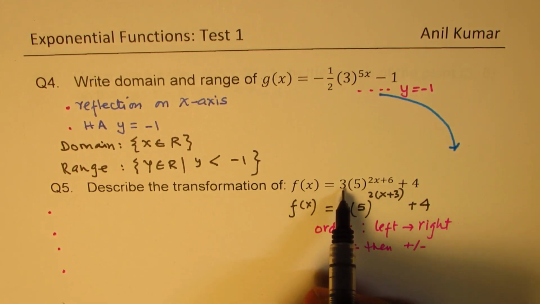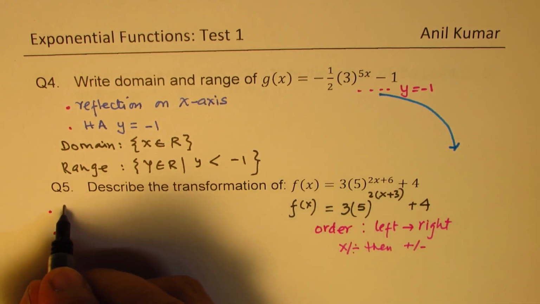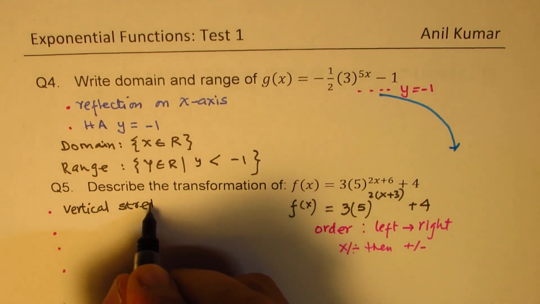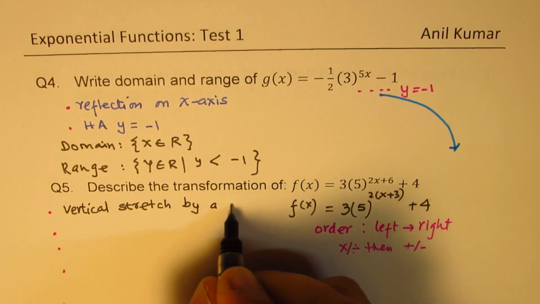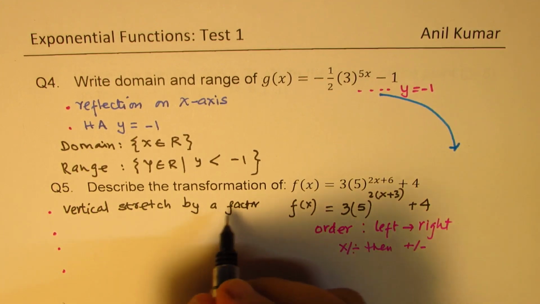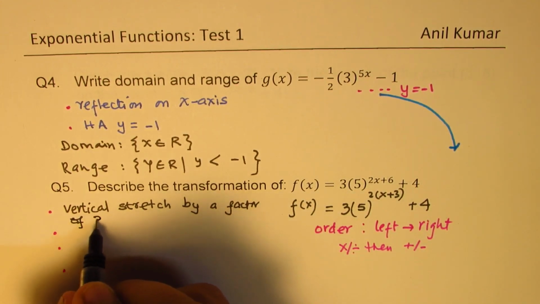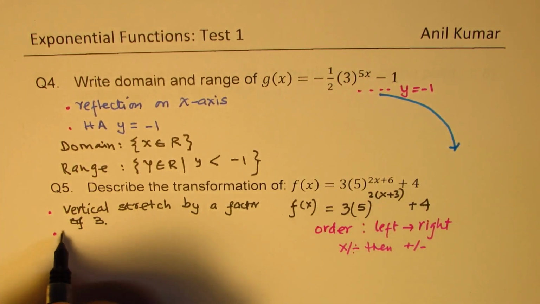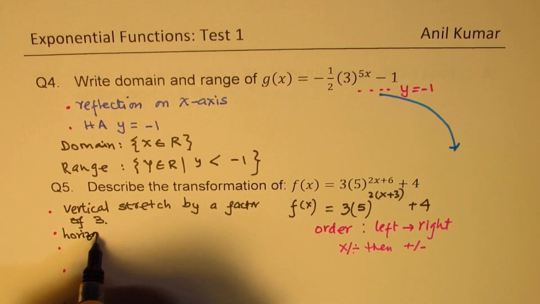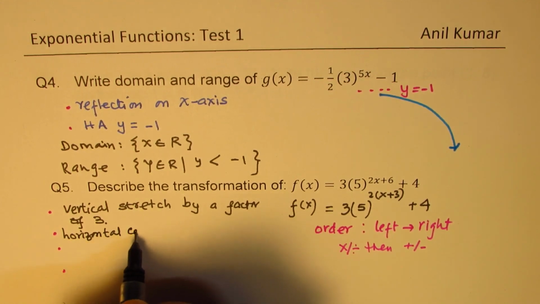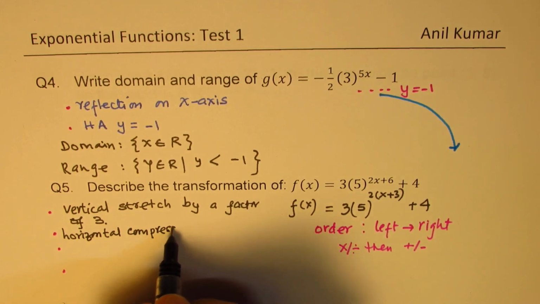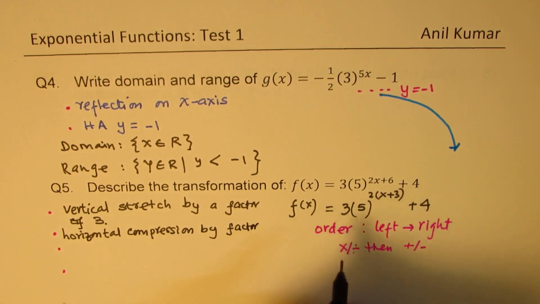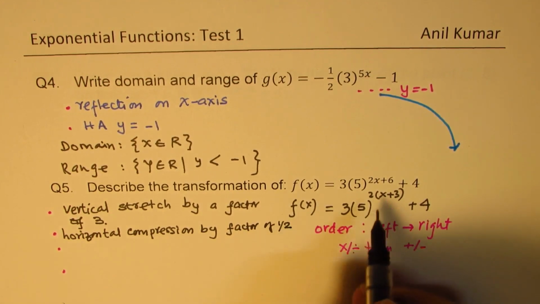So the first one here is vertical stretch by a factor of 3. So we have vertical stretch. The second one here is horizontal compression by a factor of half, one over 2.